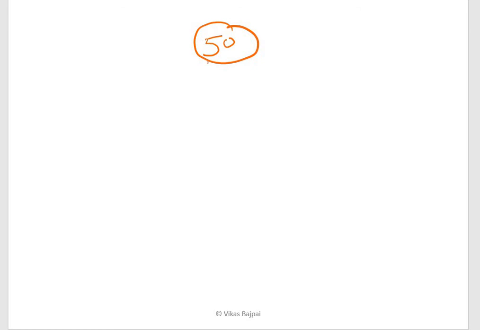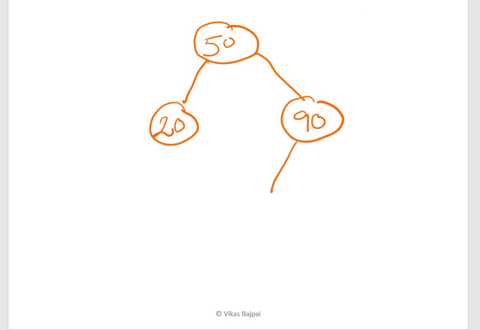So we have a root node, then I have 20 on this side, I am taking 90 on this side, then let me take 60 on this side and 100 on this side.